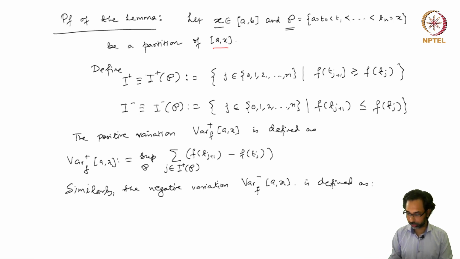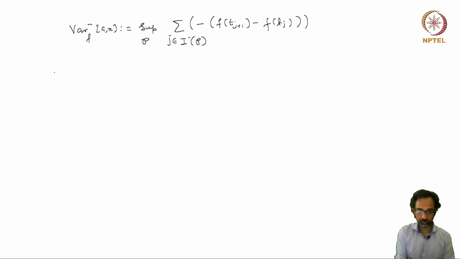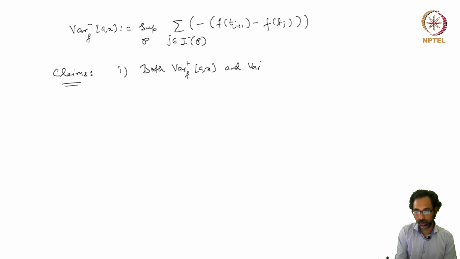So now I claim two things. The first claim is that both Var plus f on [a,x] and Var minus f on [a,x] are bounded and monotonically non-decreasing functions on [a,b].